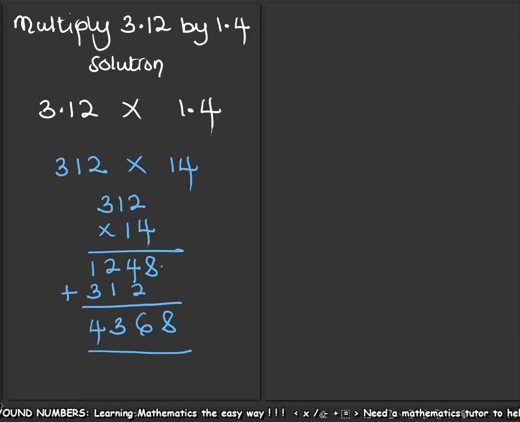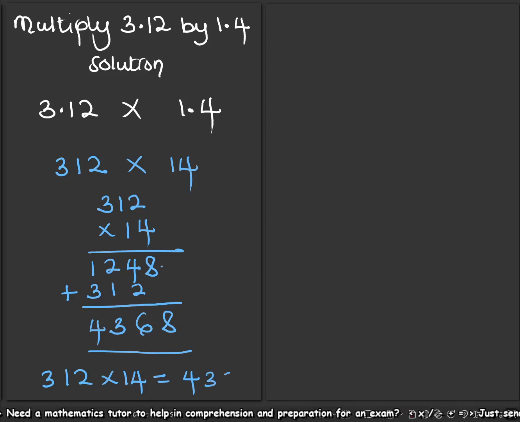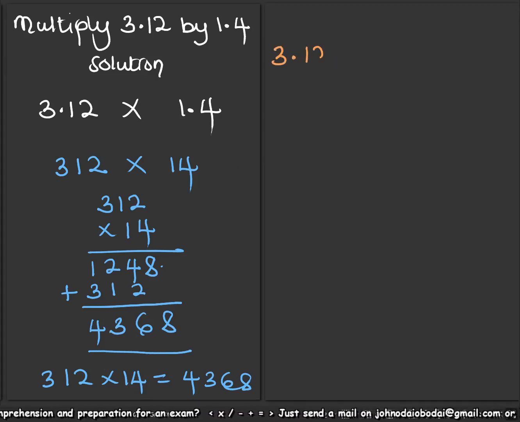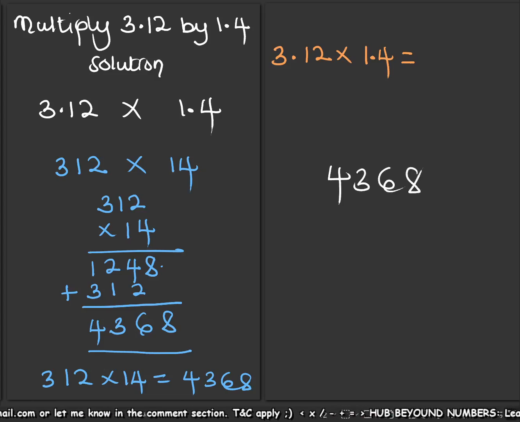Then we are going to say that our 312 times 14 gives us what? 4,368. But that wasn't the question. Remember, that wasn't the question. So it means that our 3.12 times 1.4 is also going to give us a number something like what we have above, something like 4,368. But that is not the answer. So with its decimal point here, we are going to move it a number of times.